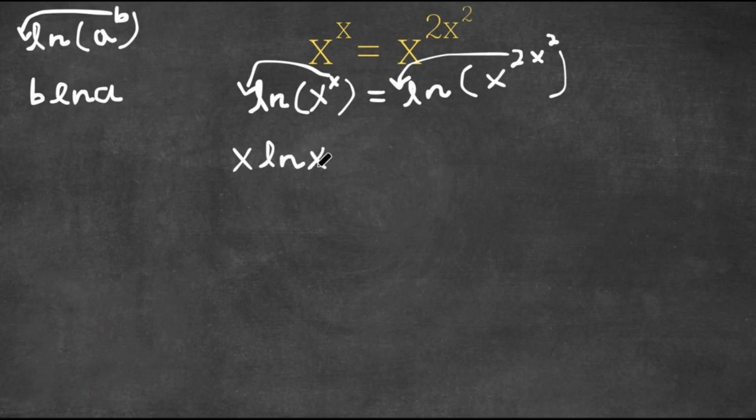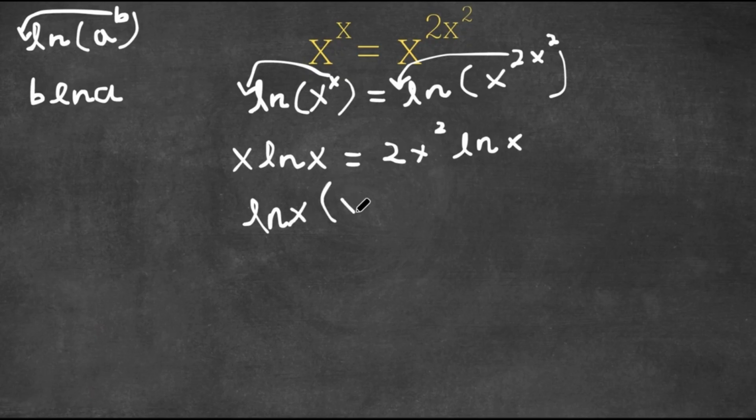x is equal to 2x squared times ln x. Now if I factor out ln of x from this, I get ln of x times x minus 2x squared, and this is equal to 0.